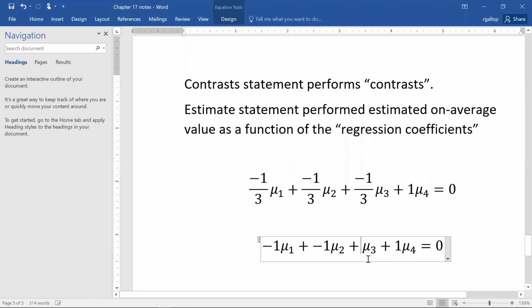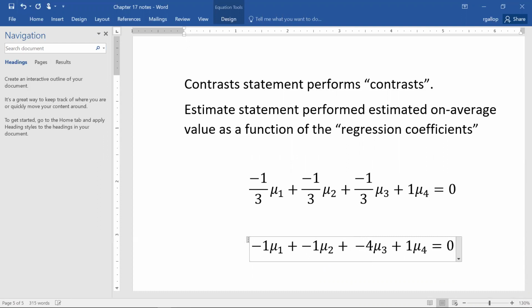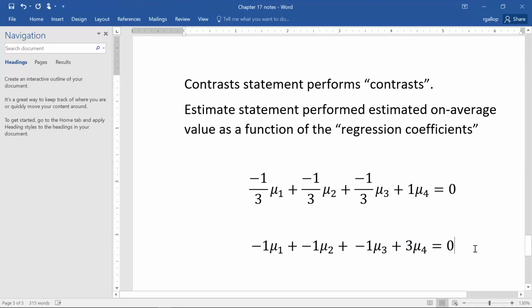My apologies, MathType is sometimes a little finicky. Multiplying both sides of the equation by 3 gives us the bottom equation from the top.